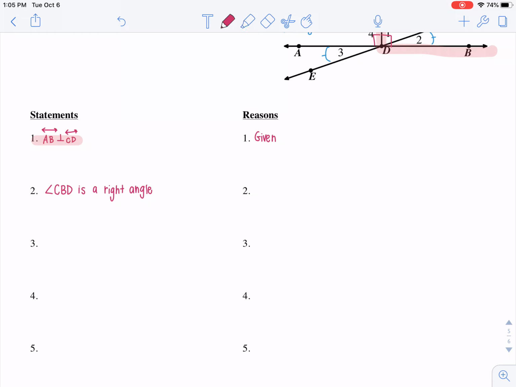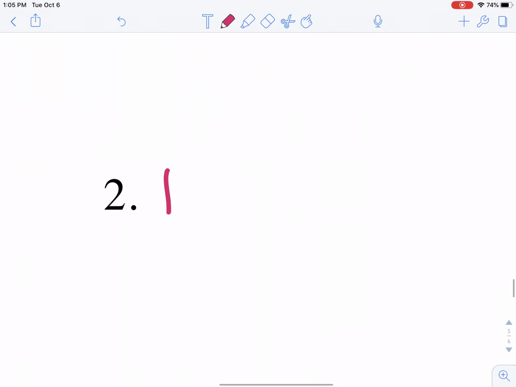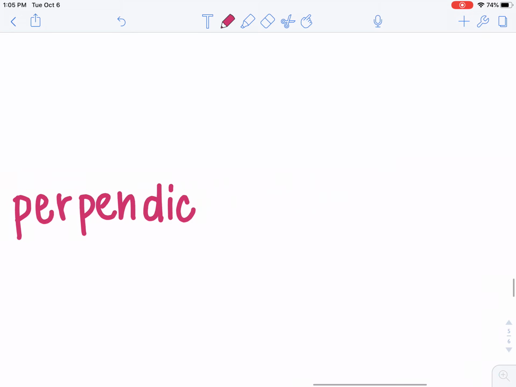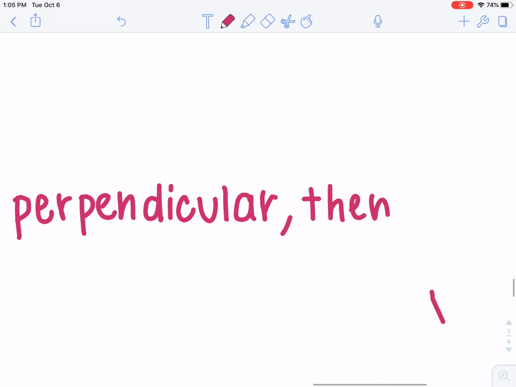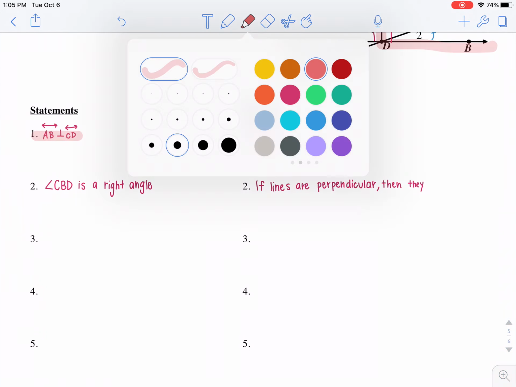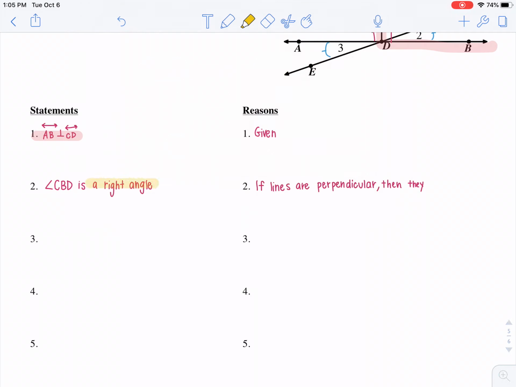So we can start this by saying if lines are perpendicular, then, let's see what we're trying to prove, then they're going to intersect at a right angle, coming from our new statement that we're trying to prove.